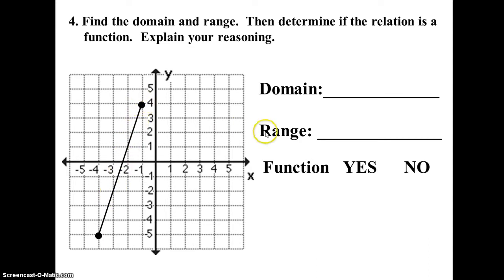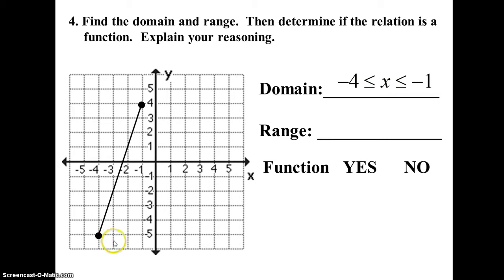So remember, we use the x variable here for domain, so we're going to write it as a compound inequality. X is greater than or equal to -4, and it's less than or equal to -1. So it's sandwiched in between -4 and -1. And this will include all those little fractional numbers, those decimal numbers, all of them in between, and the integers.